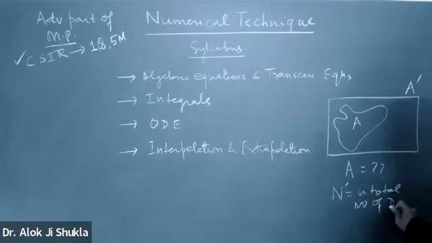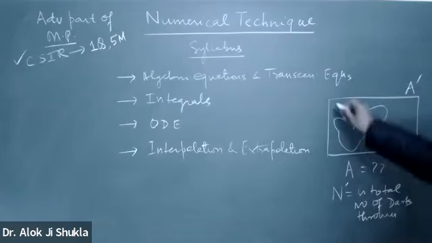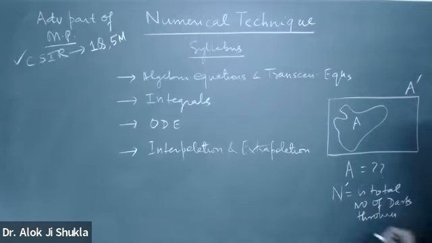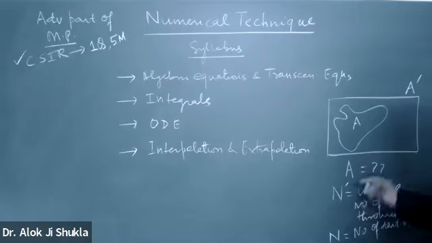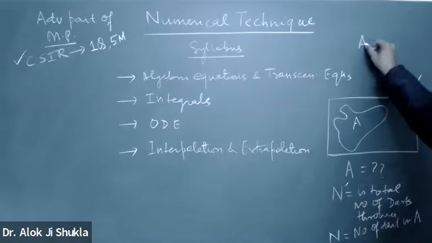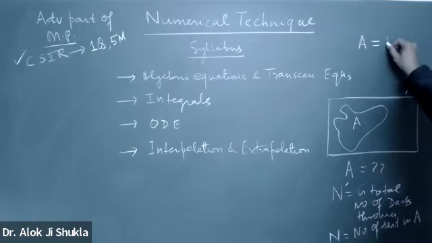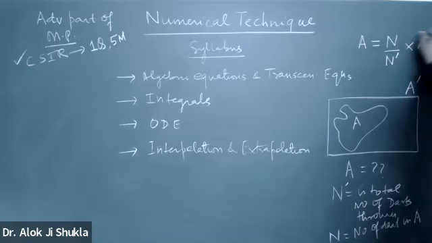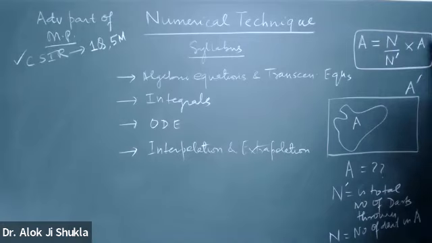Those that land inside this area will be counted as n, the number of darts which fall inside capital A. So if you want to get this area, you can use the concept of probability that A will be equal to n by n dash into capital A dash.